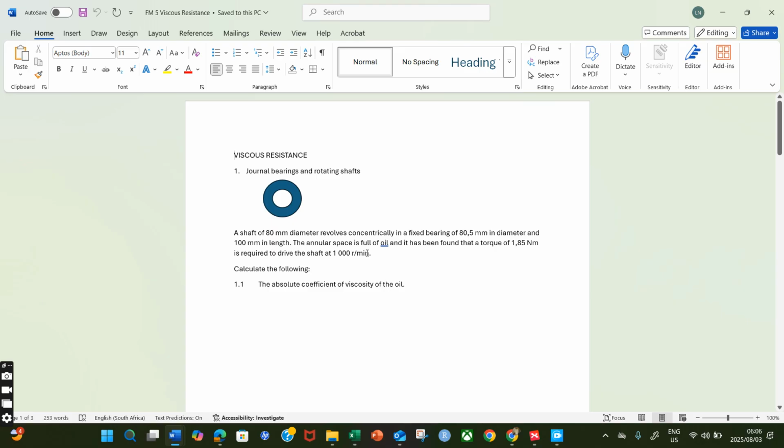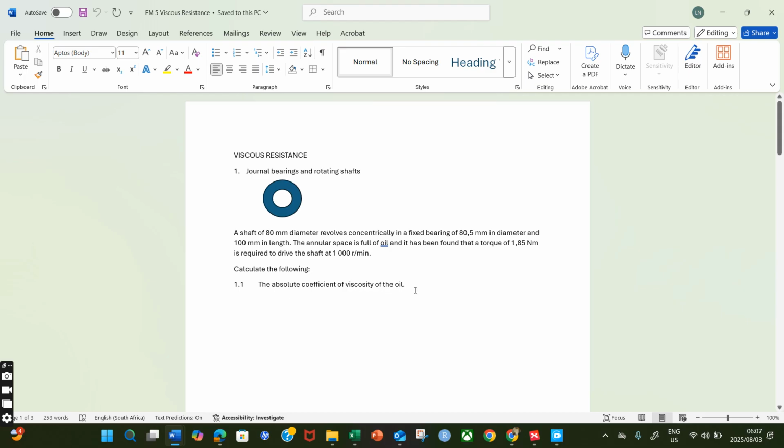The annular space is full of oil, and it has been found that the torque of 1.85 Newton meter is required to drive the shaft at 1,000 revs per minute. Calculate the following. All right, the first one is the absolute coefficient of viscosity.